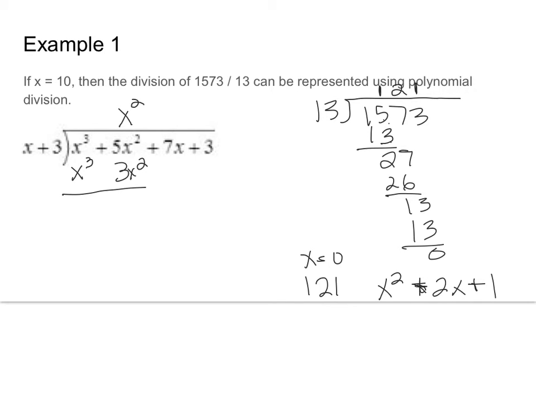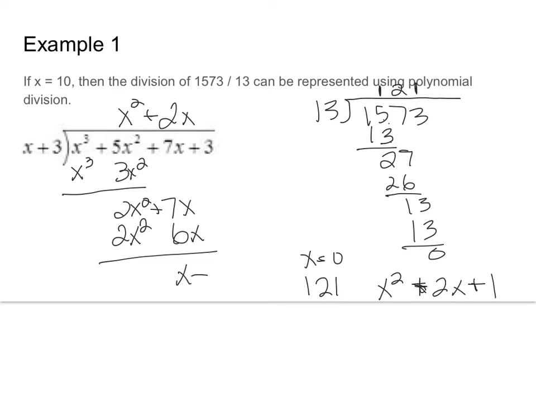We're left with 2x squared. Carry down. X goes into 2x squared how many times? I would say 2x, and then multiply or distribute through. 2x times 3, 6x, 2x times x, 2x squared.